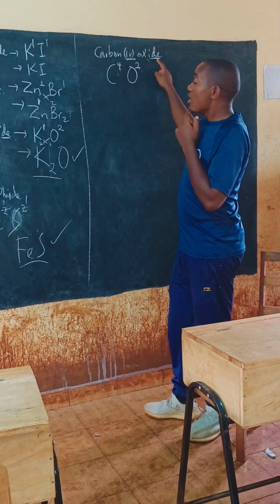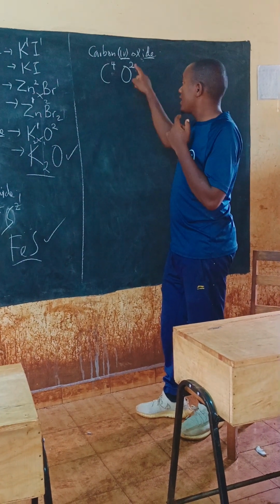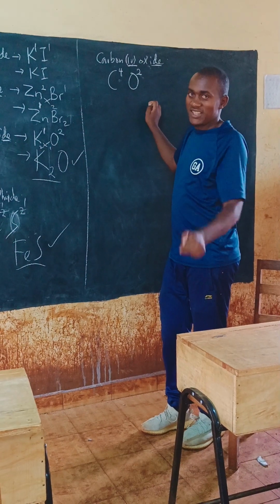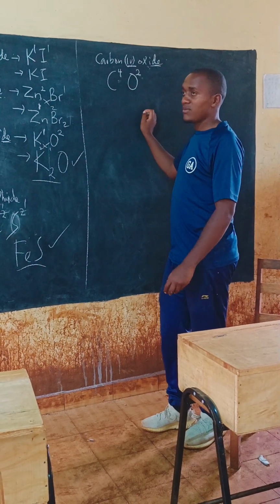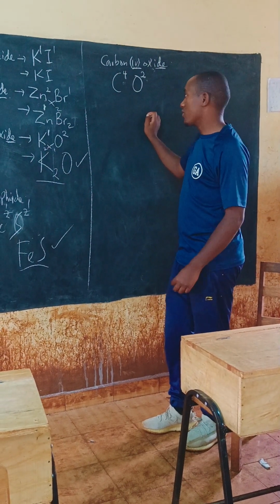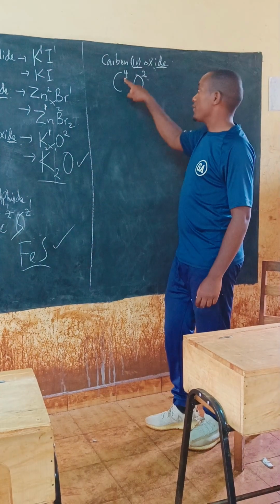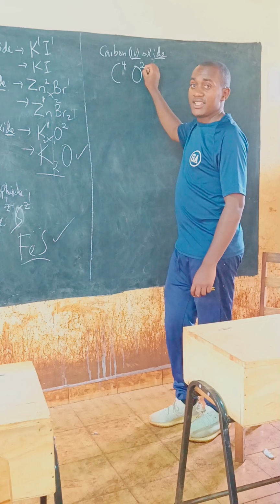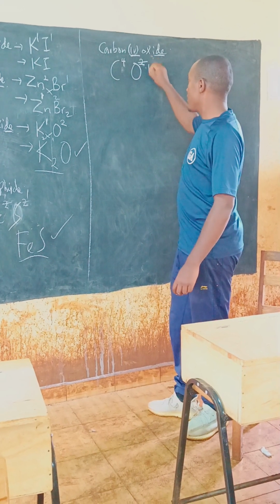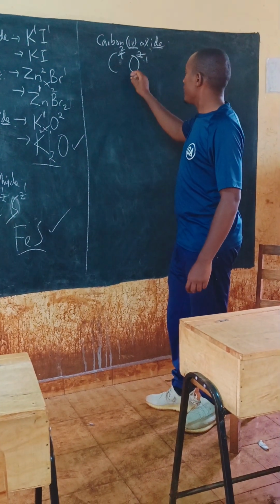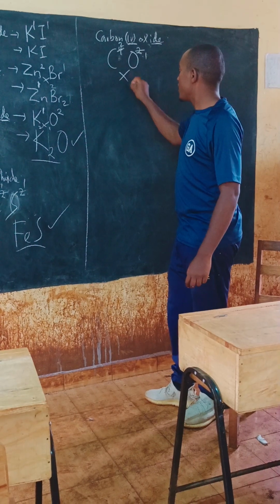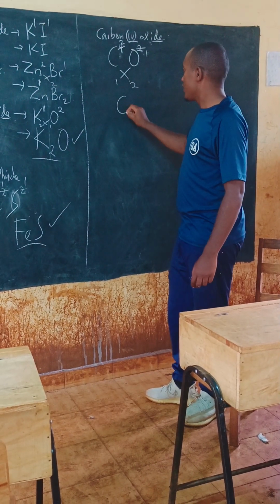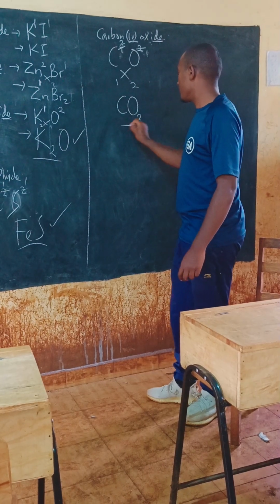If you have the valencies and they can be simplified, do so before exchanging them, so that you can know the correct formula of the compound. Carbon is in valency 4 because of the Roman numeral in brackets, and oxygen is in valency 2. Simplifying, 1 goes here, 2. So 1 comes here, 2 goes to oxygen. So the formula of carbon(IV) oxide is CO2.